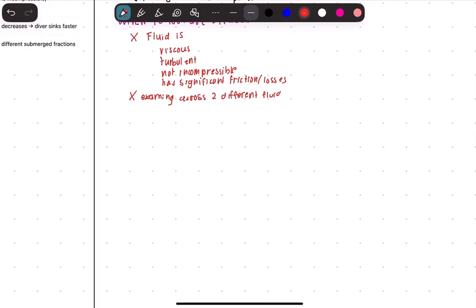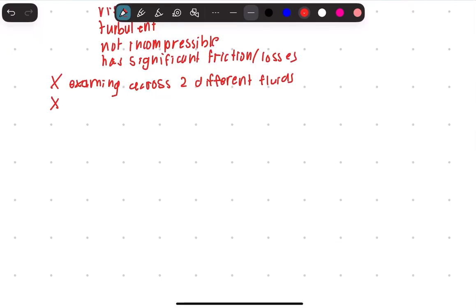Also, you can't use it if the streamlines cross or if it's not steady flow.